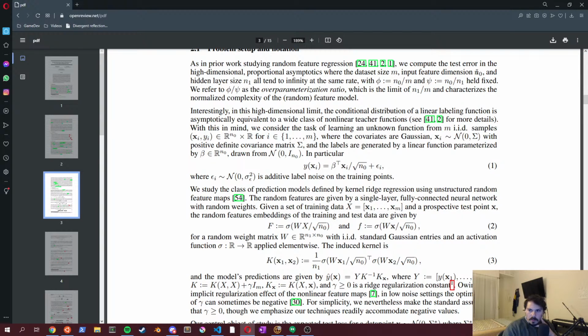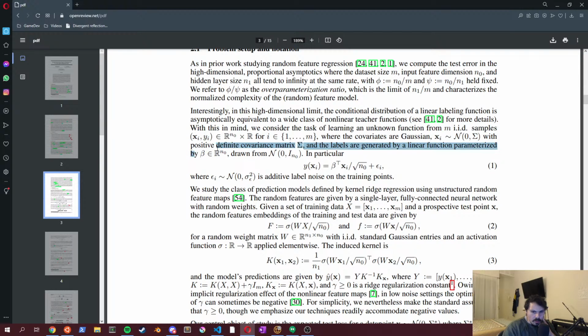So n0 was the input feature dimension. Okay, right. So they're just saying the labels are generated by a linear function. I'm not sure what this means, that the labels are generated by a linear function.